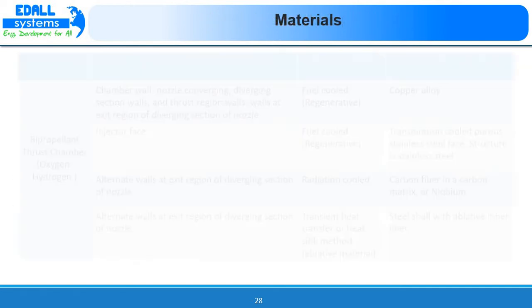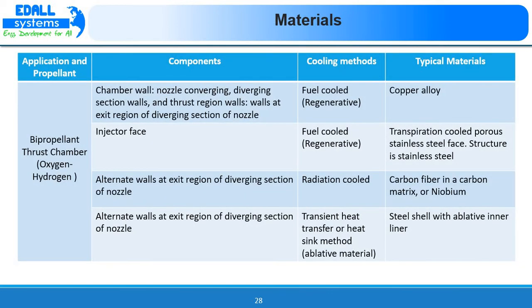Now we will see some of the materials which are used in actual thrust chambers. For a bipropellant thrust chamber with oxygen and hydrogen as propellants, for the chamber wall, the nozzle converging-diverging section walls and the thrust region walls at the exit region of the diverging section of the nozzle, the cooling method used is fuel cooled, that is regenerative, and the material used is copper alloy.